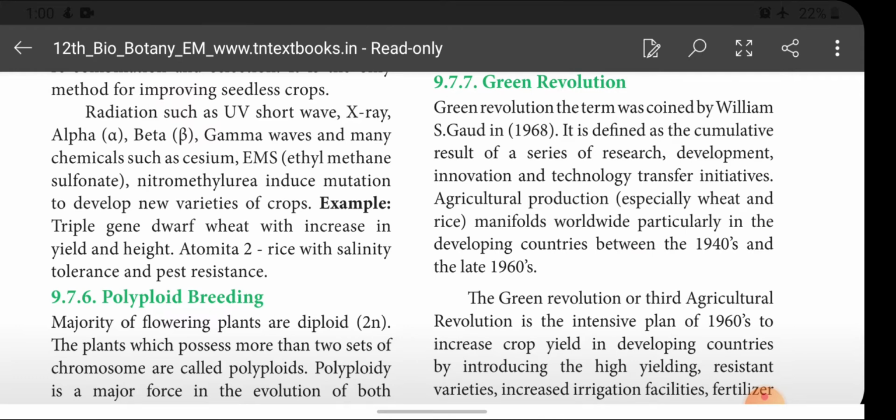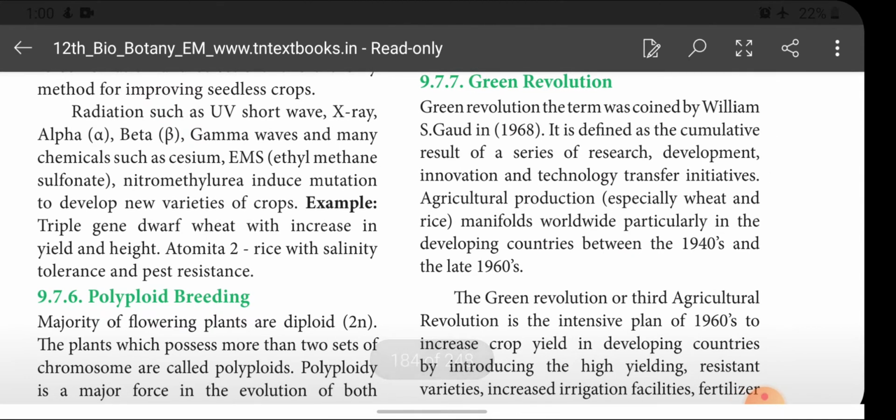Green revolution. What is green revolution? The term green revolution was coined by William S. Gaud in 1968. It is defined as the cumulative result of a series of research, development, innovation and technology transfer initiatives.